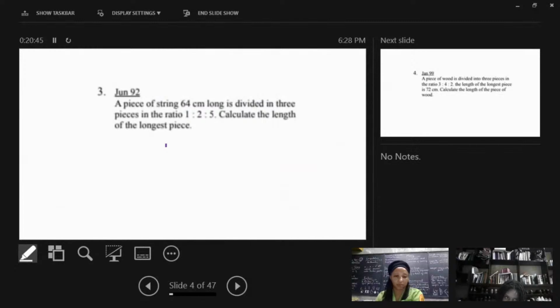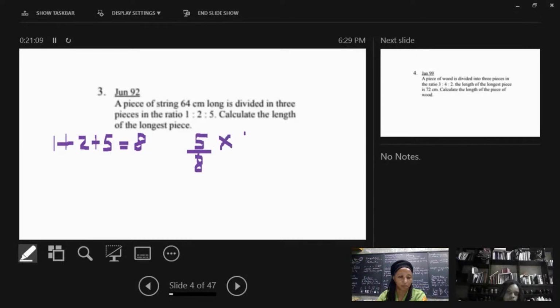Okay, so we're going to add the ratios, and since the longest piece would be 5, we're going to put 5 over the complete ratios. So 1 plus 2 plus 5 is 8, and it would be over 8, and we're going to multiply it by 64 since that's the entire length of the string.